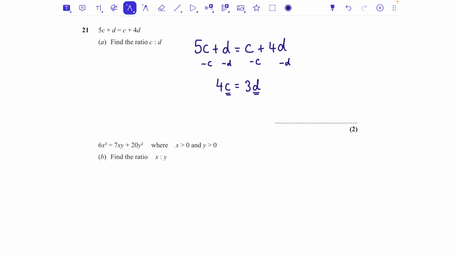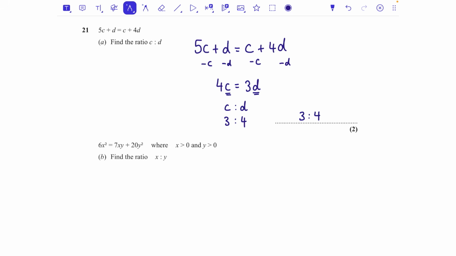If you know that 4c is equal to 3 lots of d, then you know that c to d is in the ratio 3 to 4. So you can almost switch it round. If you made d 4 and you made c 3, then both sides would be 12, and so that works. So they must be in that ratio. So the ratio they're looking for here is 3 to 4.